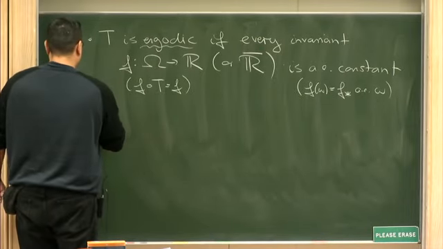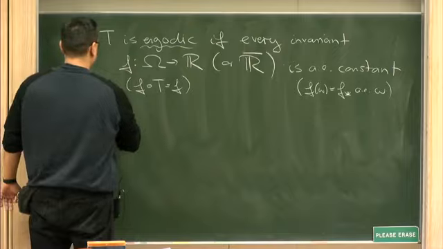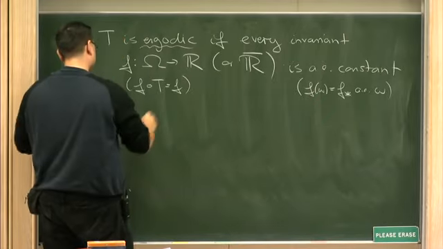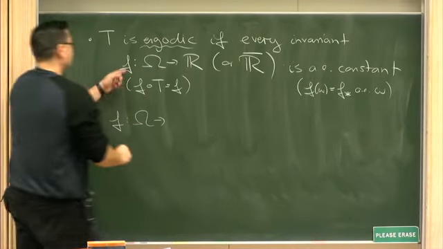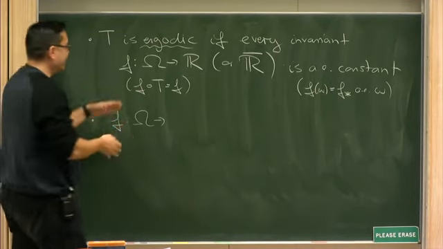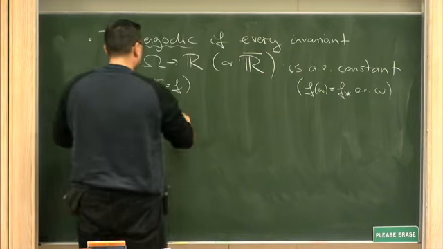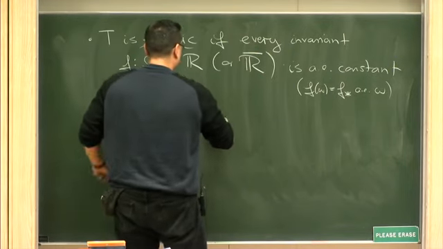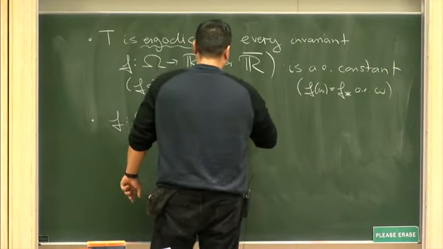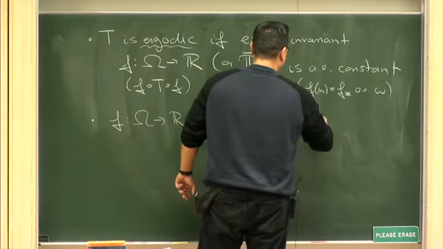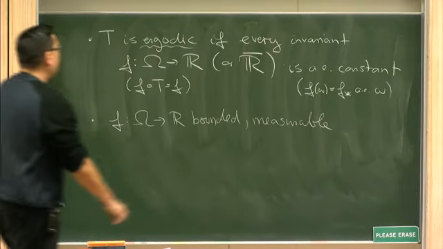Okay, and then to define my potentials, I need this. Think of this as g. It's just a general function, but this will actually be the sampling function I'm using up there. I assume it to be bounded and measurable. So that's my setting.